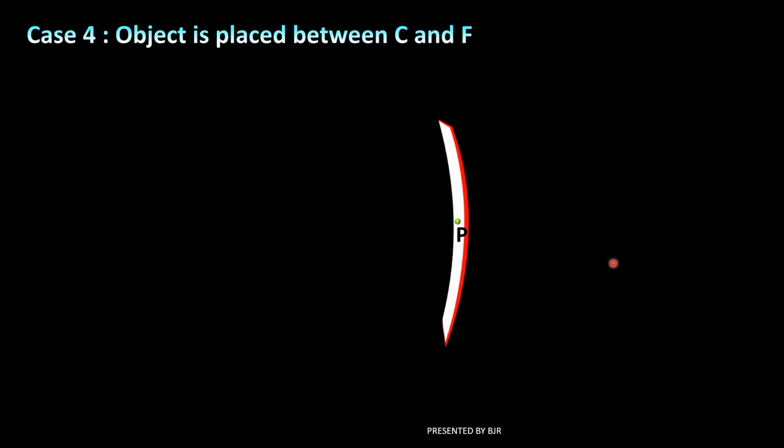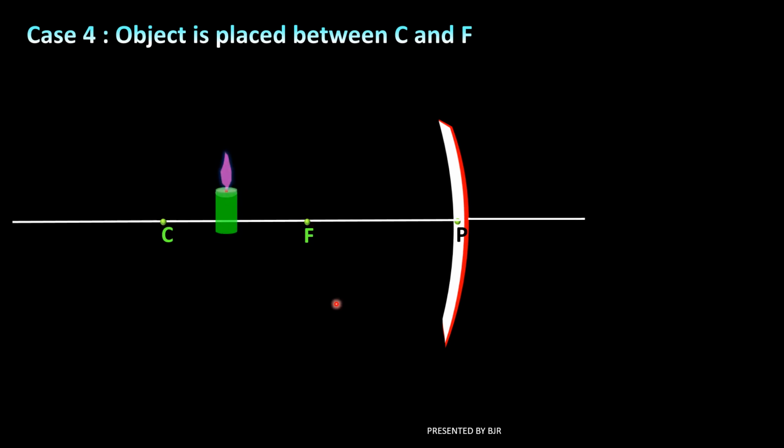Concave mirror, pole, center of curvature, F is the focal point. This line is the principal axis. Now I am going to place the candle in between C and F somewhere here. Okay. Now let us draw the ray diagram in this case.